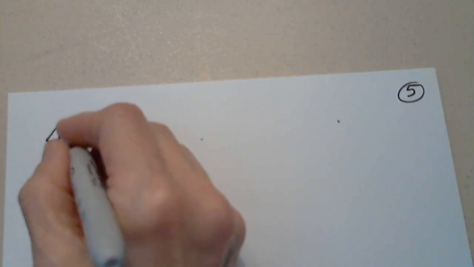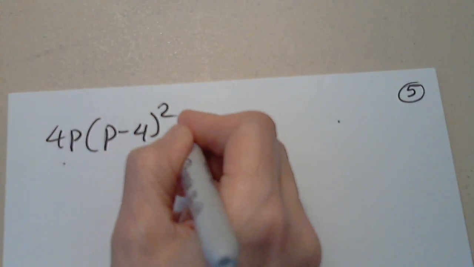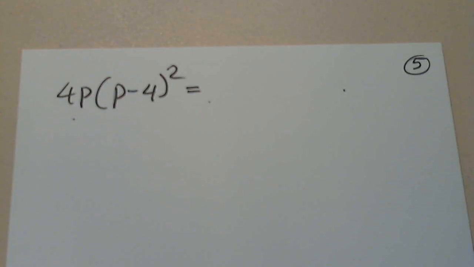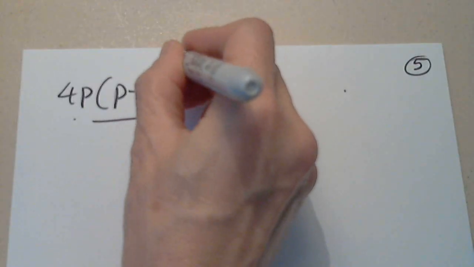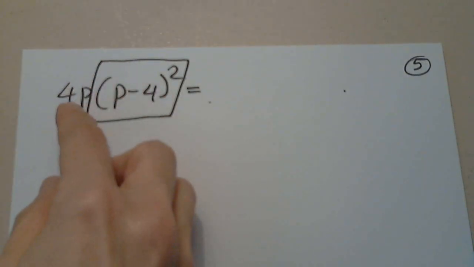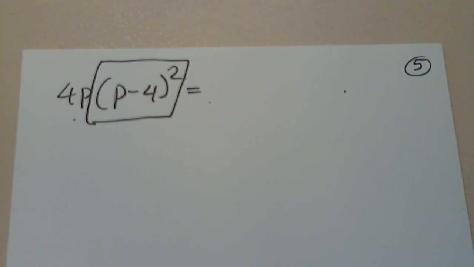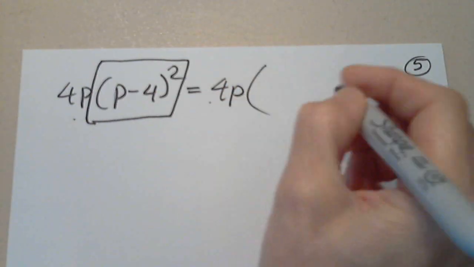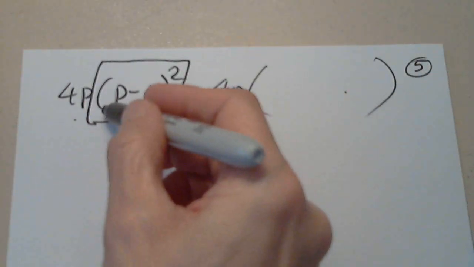Okay, so we have (4p, p minus 4), everything squared. Please do not make the mistake of attempting to distribute 4p anywhere, because by the order of operations, we have to raise this quantity to the second power first. You cannot distribute the 4p inside. You cannot do that. It would be incorrect. So we keep 4p outside. Which special product is this?